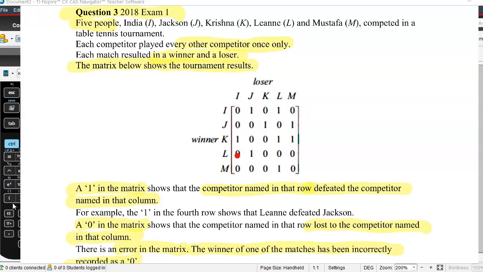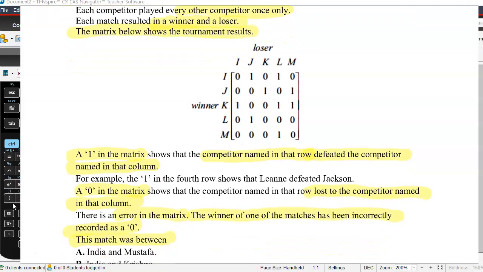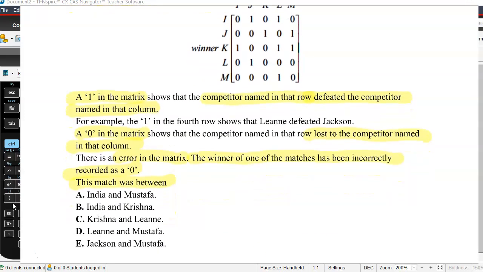Leanne lost against India. Okay, India lost against Mustafa. Lost against Mustafa, so that should be a 1, shouldn't it? Because Mustafa defeated India, according to this. Okay, so I think that's where the mistake is.